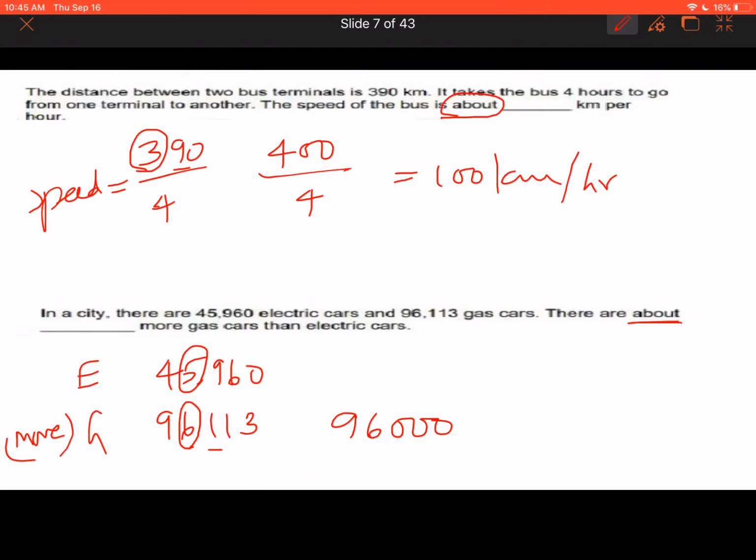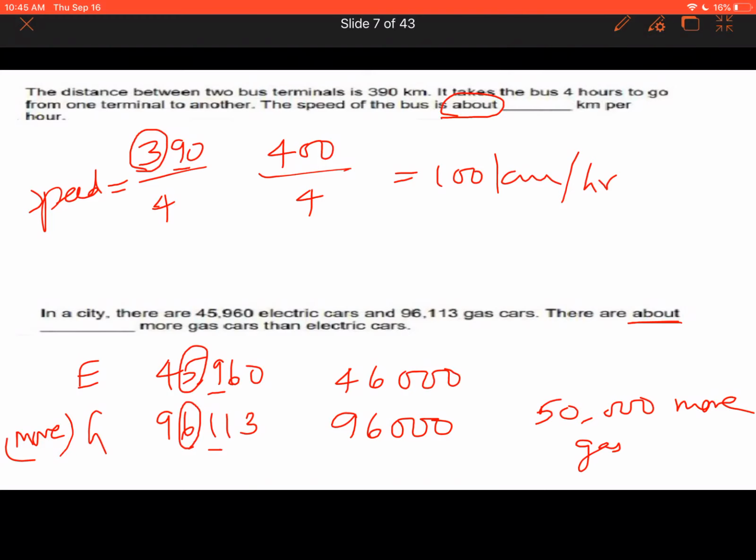So I check the next digit, which is more than 5, so I round up the value. It is going to be 46,000. So the difference is going to be 50,000. That is, there are about 50,000 more gas cars than electric cars.